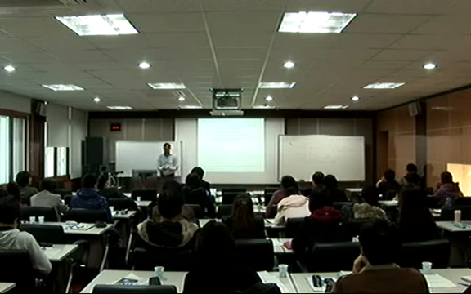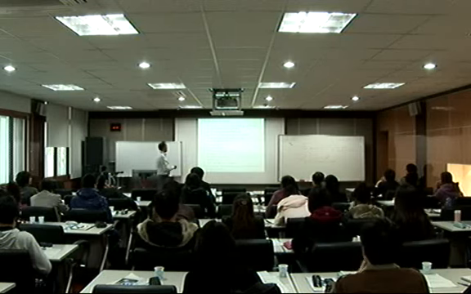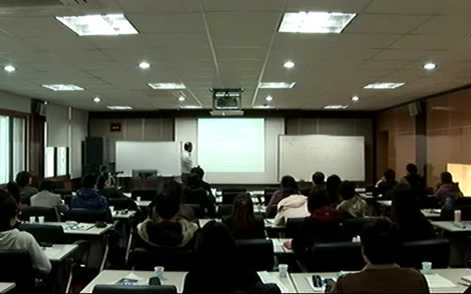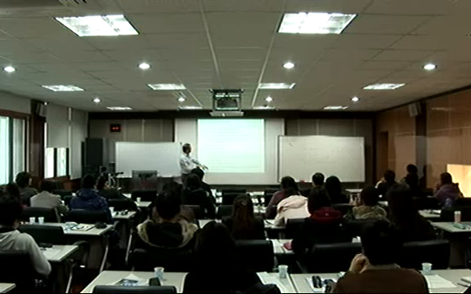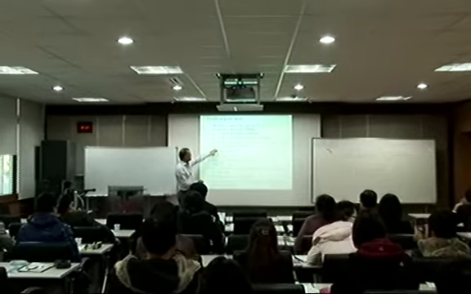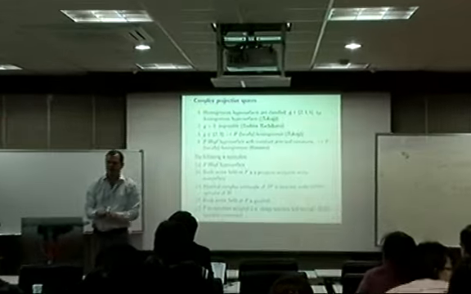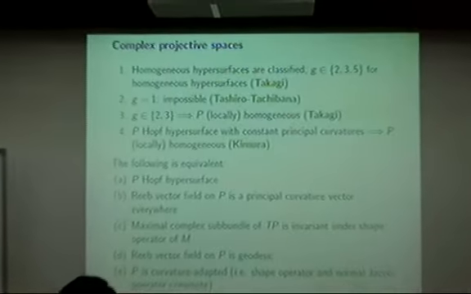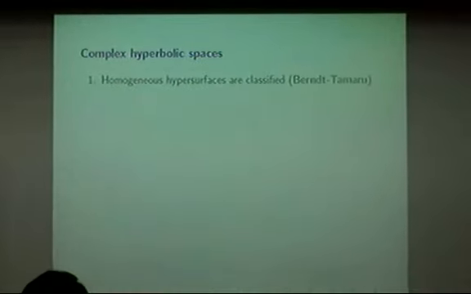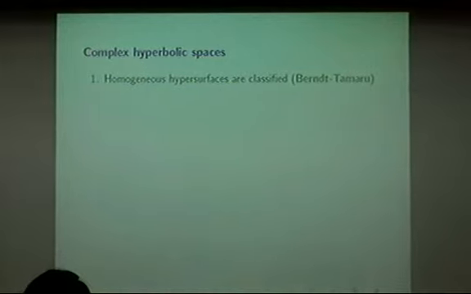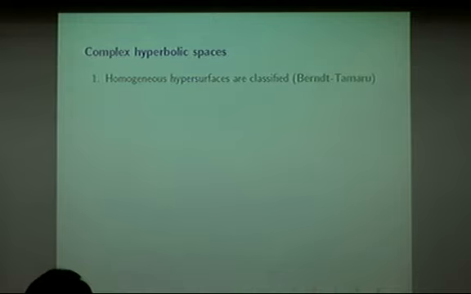Okay. So what Kimura proved is that when any of these conditions holds, and we have constant principal curvatures, then the hypersurface must be homogeneous. Now in complex hyperbolic spaces, the homogeneous hypersurfaces are known, they are classified, but I won't say much about how this is done.